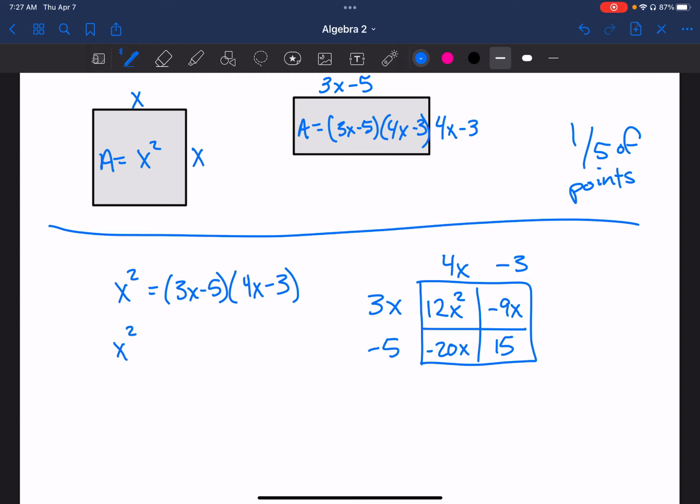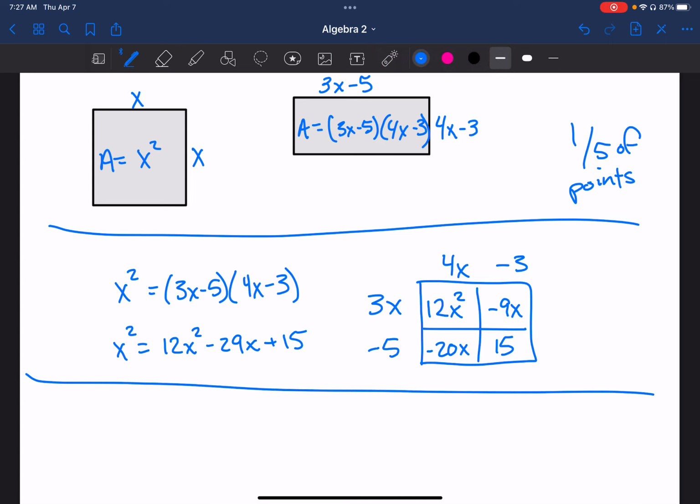So we have x squared equals 12x squared minus 29x plus 15. So right here, this is kind of that next check mark, to where this is kind of another 1/5 of the way. So at this point, maybe a better way of writing that is saying you are now 2/5 of the way.